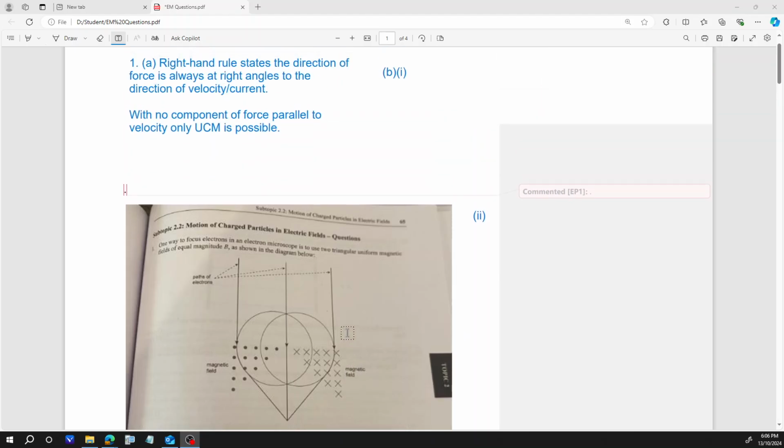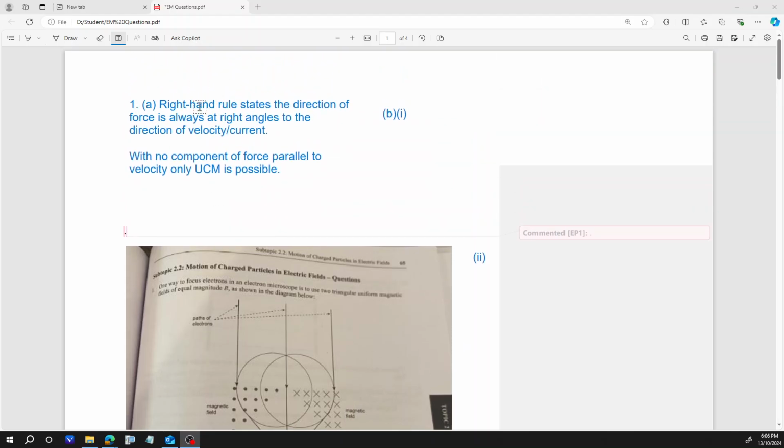The main idea of uniform circular motion is you need a force that always acts at a right angle to the velocity, and that's what the right-hand rule says. The right-hand rule states the direction of force is always at right angles to the direction of velocity and current. It's actually reversed because it's an electron, but that's still right angles.